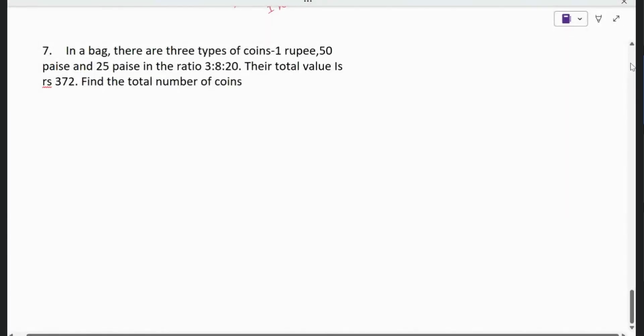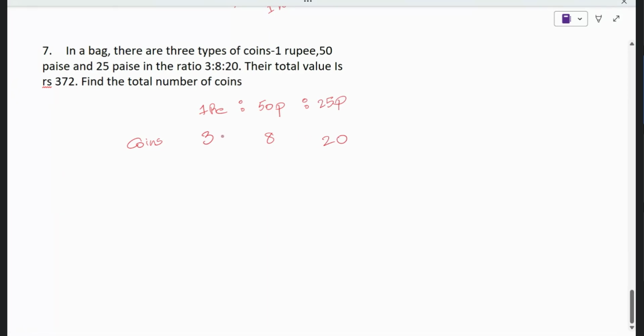Now here, coins taken as 1 rupee, 50 paise, and 25 paise. Now their ratio is 3:8:20, taken as coins, yes. Now the value is 372 rupees.